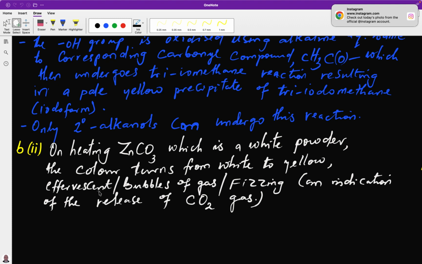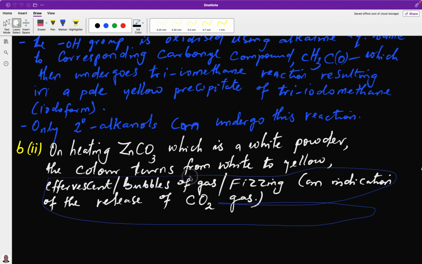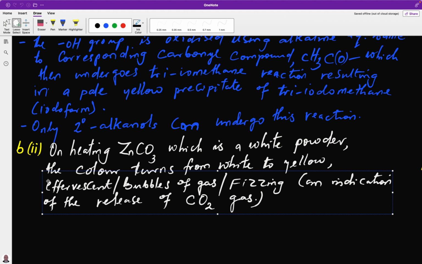This effervescence is not required. You will only observe this if it was heated in a solution. If the white powder was dissolved in a solution, you will only observe effervescent bubbles of gas, indicating the release of carbon dioxide, or fizzing. You can only observe that if the white powder was dissolved in solution.